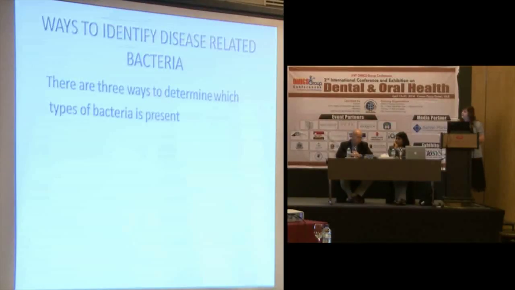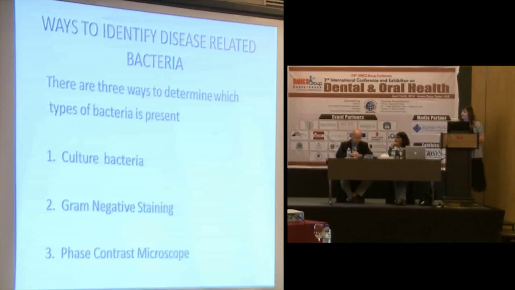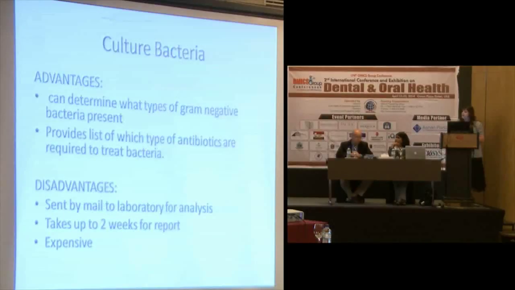There are 3 different ways to determine which types of bacteria are present. You can culture your bacteria, you can use gram-negative staining, or you can use the phase contrast microscope. To culture the bacteria, you can determine what types are present, and it also provides a list of sensitivities for you.